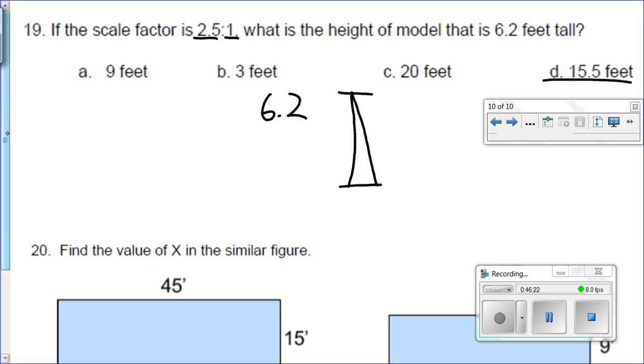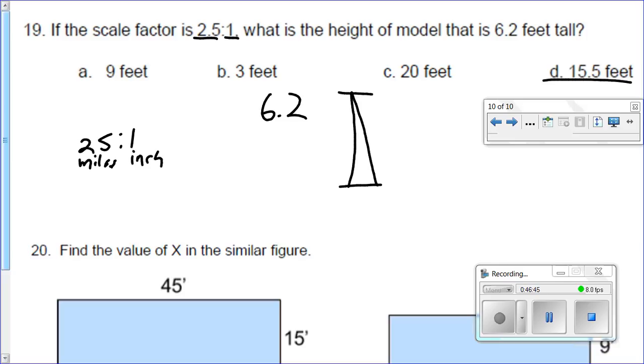But typically you would see something like, a map is drawn to a scale of, say, 25 miles to 1 inch on the map, and they would give you units.